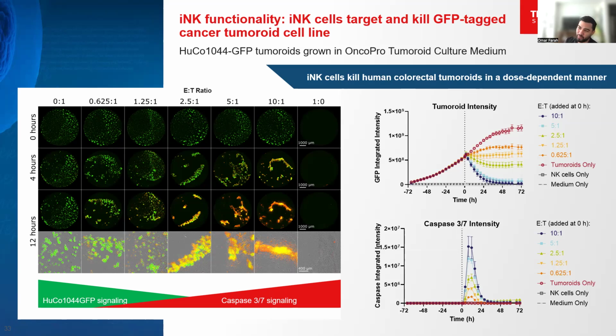Super promising that we have a proof of concept here where we can, in a 3D format, generate a very large number of these NK cells pretty quickly, pretty efficiently. And if we need to, we can use them in certain cases to eliminate certain cancer cell types in the future. So just wanted to share some of this work with you, but I'll end there.